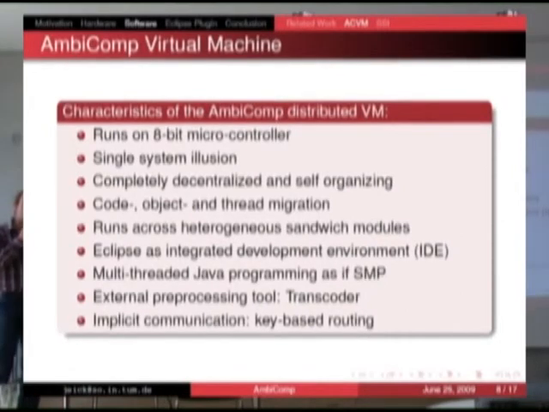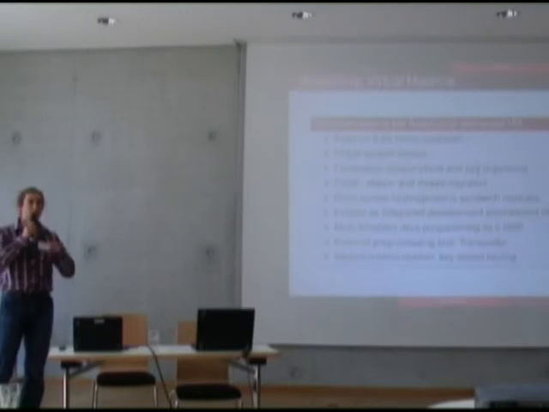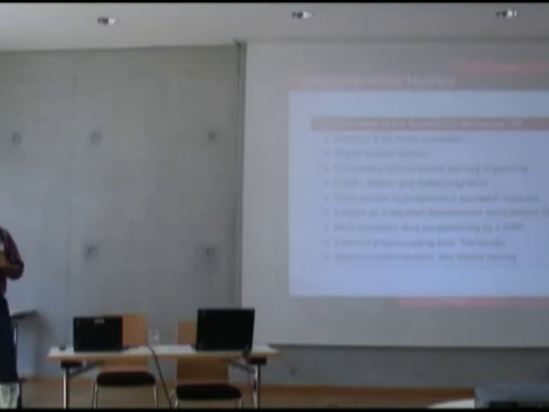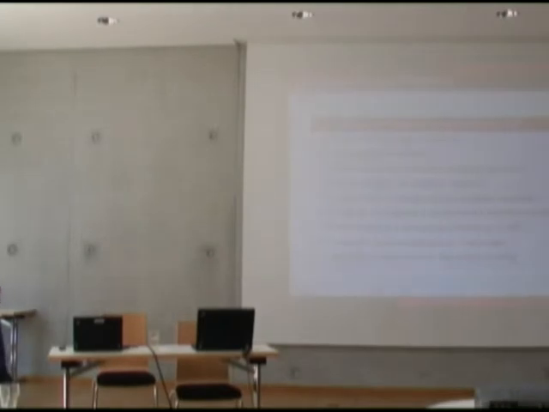So you can deploy an application on one node and let it start, and deploy another application on another node and let it start. And there is some magic way between these nodes that they can share objects or other resources. I will explain that later on. Of course, for this decentralized execution, we need code, object, and thread migration.